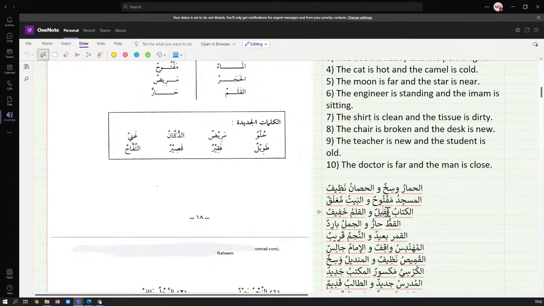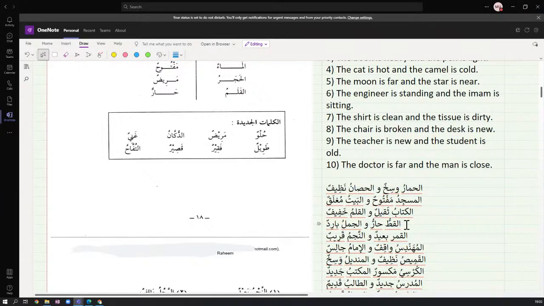As you can see here, there is a typing error, which I can fix now. الكتاب ثقيل والقلم خفيف.